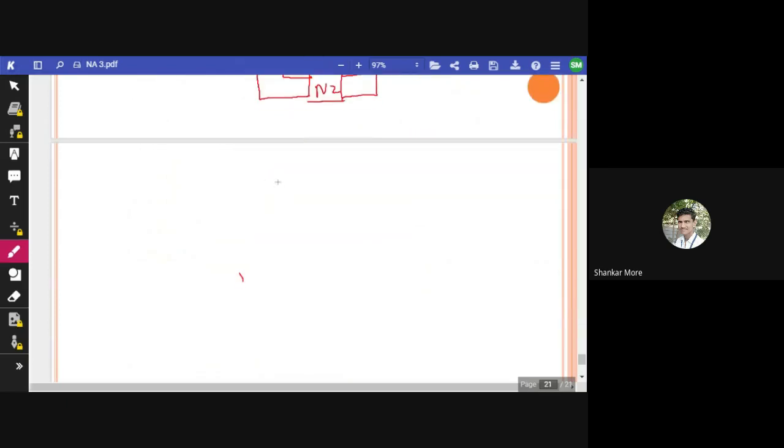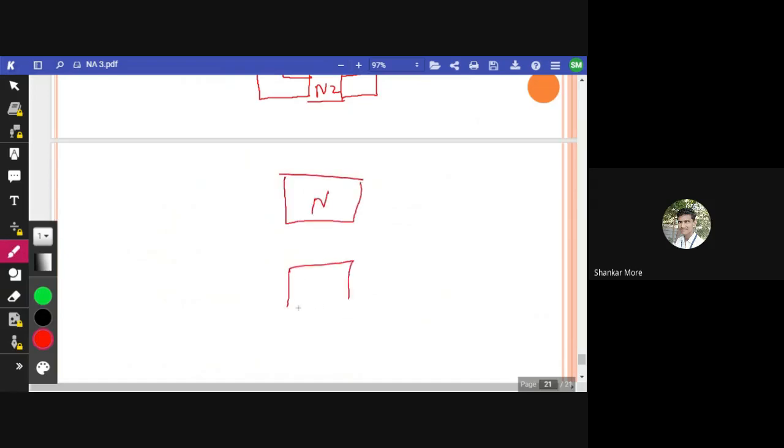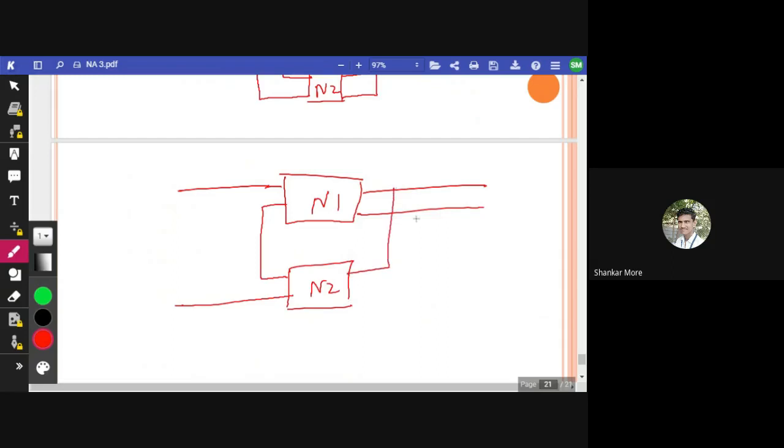If I give you an example of the circuit, let me just draw the circuit. This is network 1, this is network 2. Its input is in series, but I'm keeping its output in parallel.